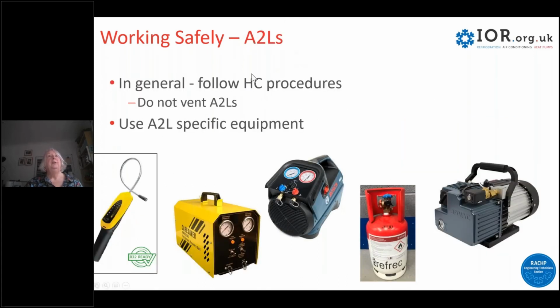When you're working with A2Ls, you need to follow the same procedures as you would do with hydrocarbons, but you can't vent A2Ls because they're mostly HFC type refrigerants. There's a lot of A2L specific equipment out there now, so there's no reason why you need to work with anything other than A2L specific equipment.